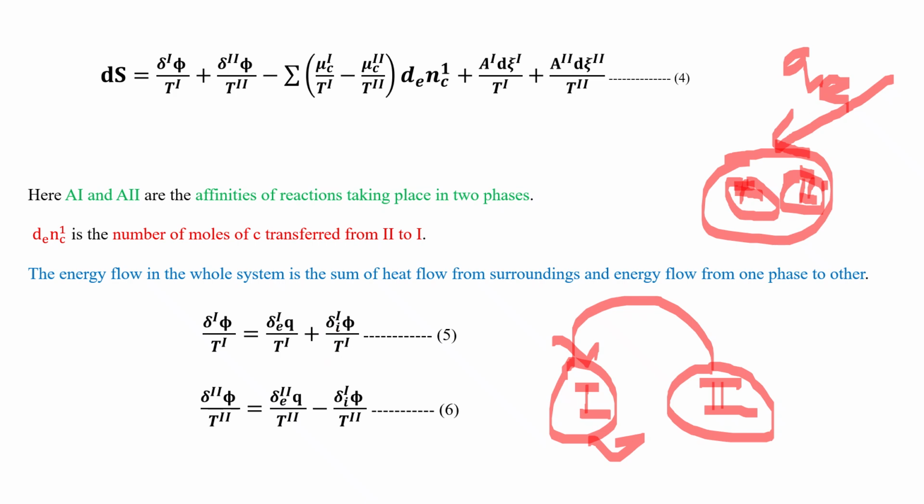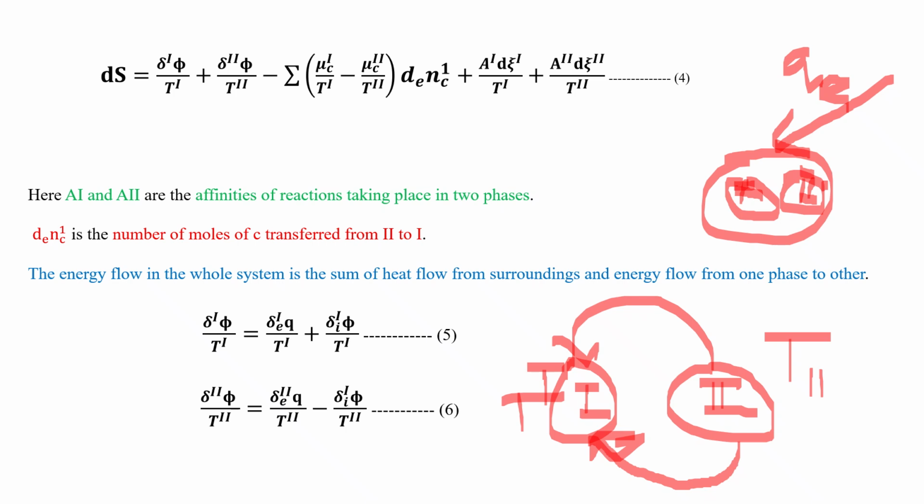So it is represented as T1 in the fifth equation, and as T2 in the sixth equation. As soon as it loses some energy, it will have the temperature T2, and here it will gain, it is represented as T1. At the same time, the amount of energy lost by phase 2 will be the gain of energy by system 1.